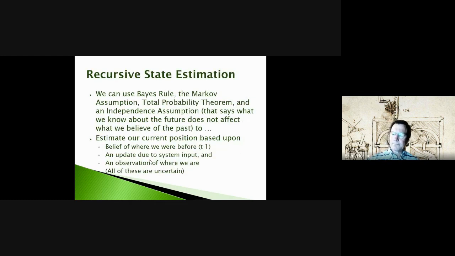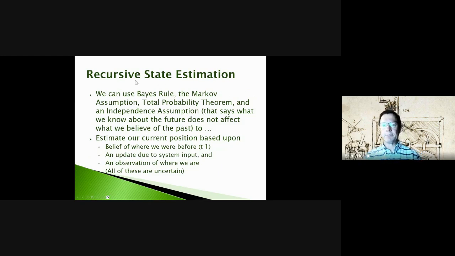So that was state estimation. Now I'm going to take it a little bit farther. We could spend an hour deriving this. I'm not going to, but if this is interesting to you and ends up being part of your project or research, you can certainly dive into this. But we're going to use Bayes' rule.